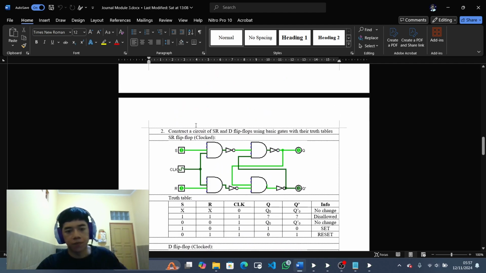And we'll be moving on. Construct a circuit of SR and D flip-flops using basic gates with their truth tables. A flip-flop is essentially just a clocked latch. That means the latch has a controller, and it's controlled by a clock. You know how clocks tick, right?